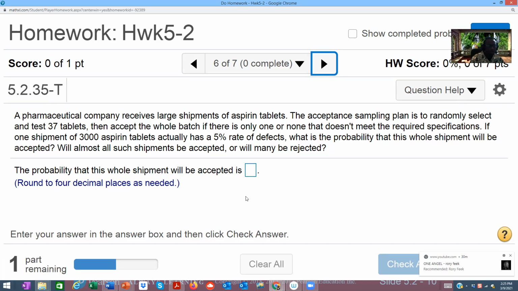If one shipment of 3,000 aspirin tablets actually has a 5% rate of defect, what is the probability that this whole shipment will be accepted? So take note of that.